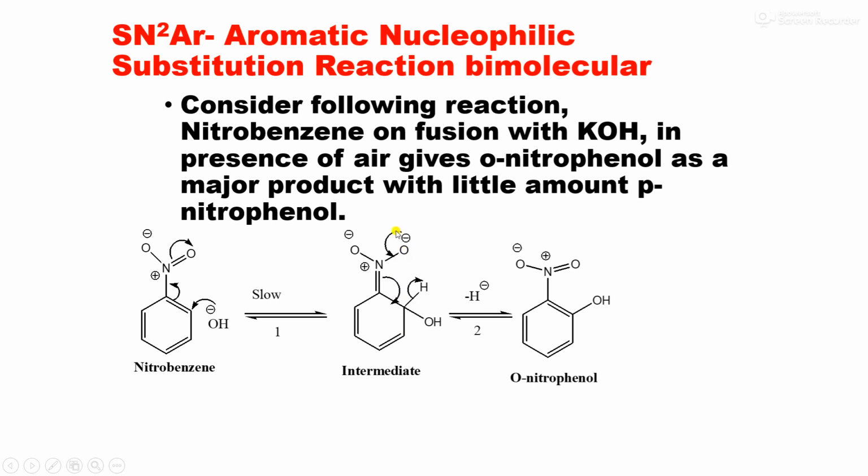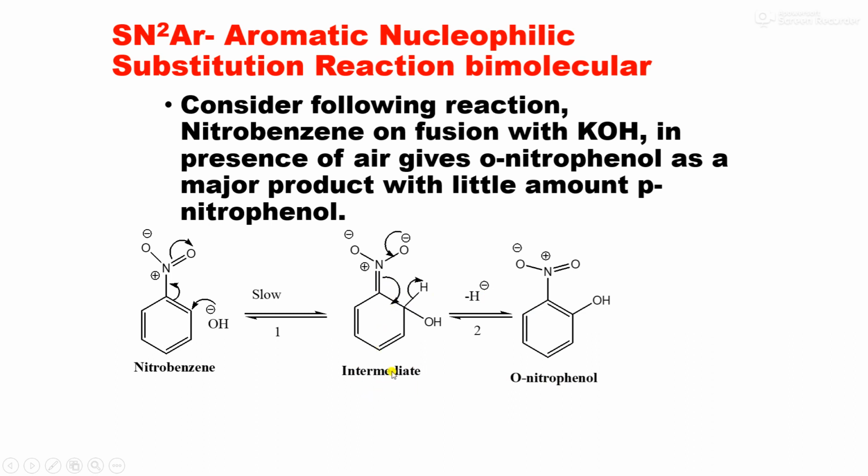Again, this O minus gets delocalized, and the pi bond between nitrogen and carbon gets reversed, and there is a loss of hydride, H minus ion, and finally we get orthonitrophenol.